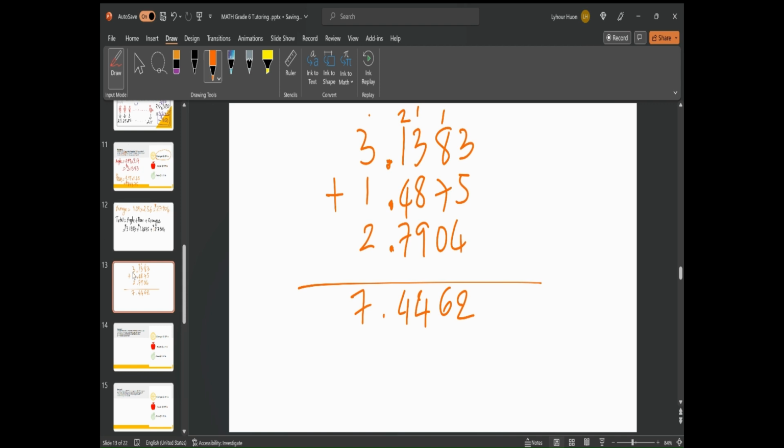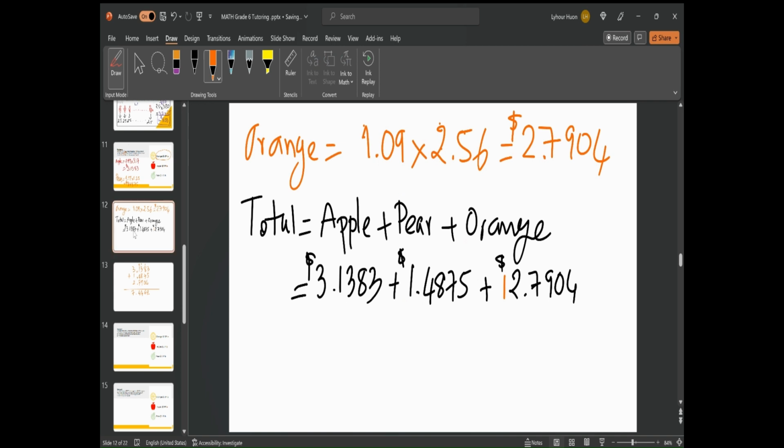Okay, so the total bill will be $7.4462. This is the total bill. But when it comes to money, in reality, we only consider two digits after the decimal, right? We only have dimes and cents.